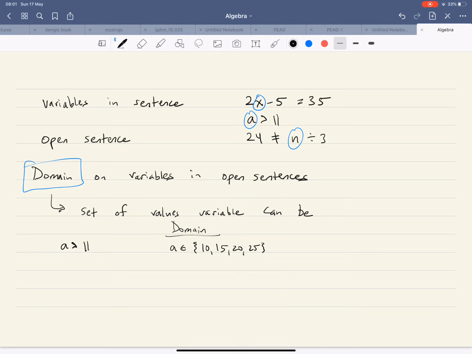Or I could say a can only be an integer. Remember that Z is integers. Or maybe I say a can only be a positive integer. Maybe a can only be in the set {0}. Okay?